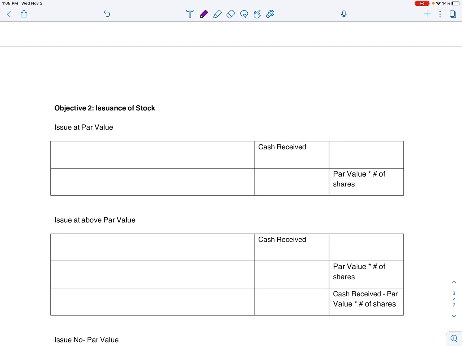So if a stock is issued at par value, that means it's just issued for what that stock was assigned for. We'll record that we received cash and we issued common stock. Same price. If it's issued above par value, which normally it is, we'll get cash.